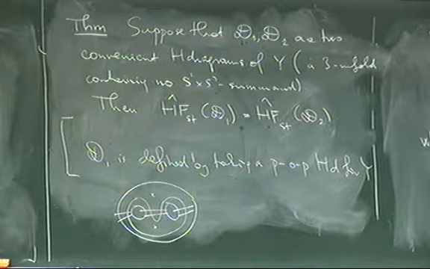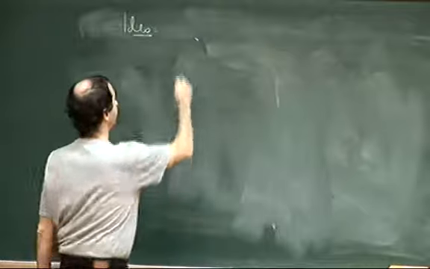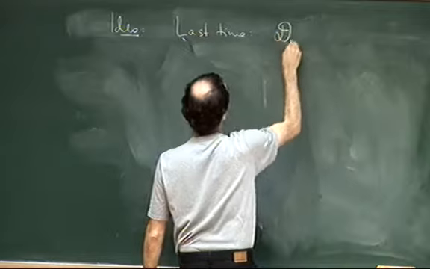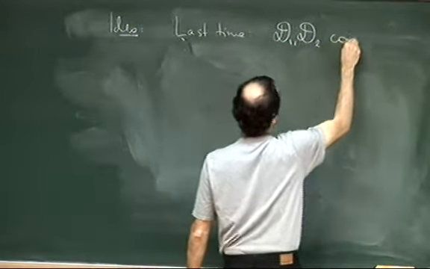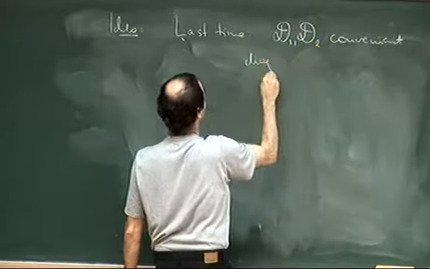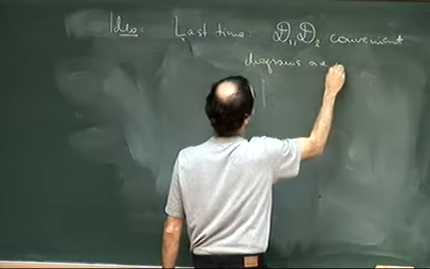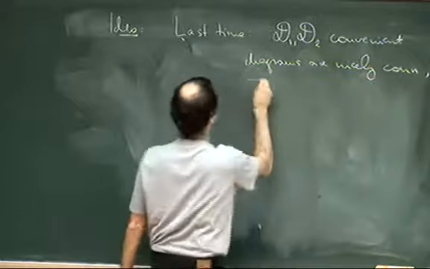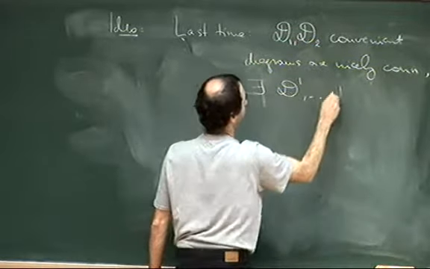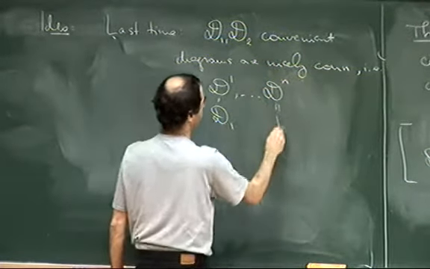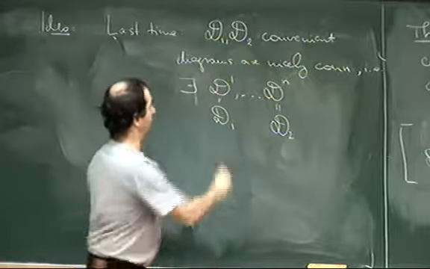So the idea, last time I claimed a theorem. Last time we had this theorem that D1, D2 convenient diagrams are nicely connected, i.e. there is a sequence of nice diagrams such that the first is my starting D1, the last is my ending D2, and these are all nice.